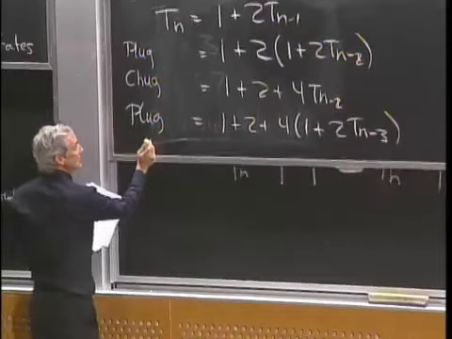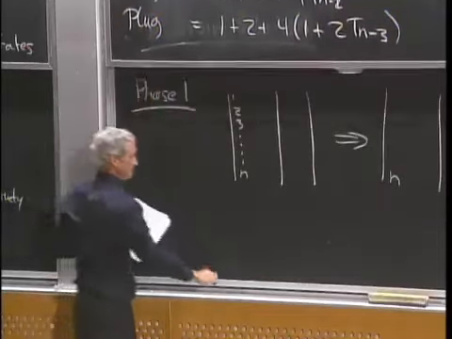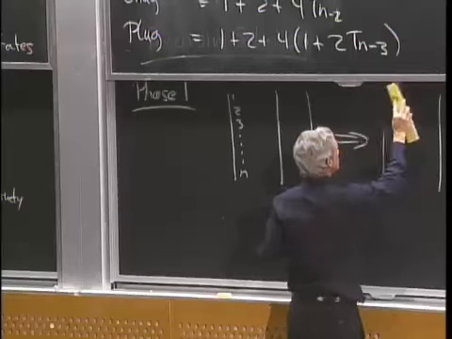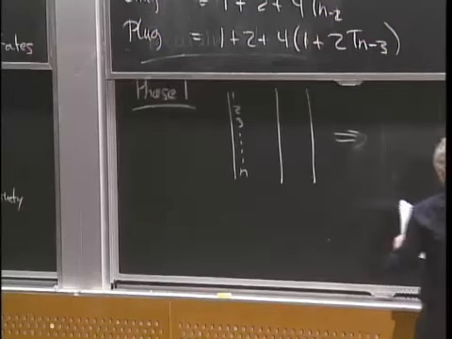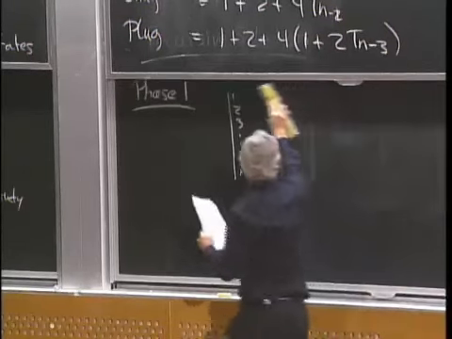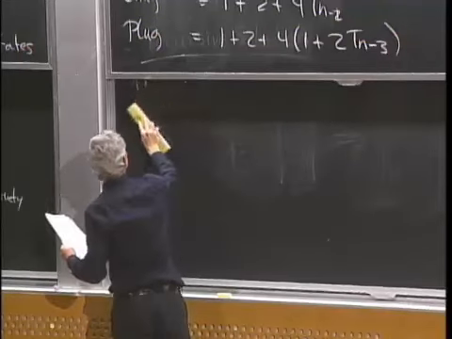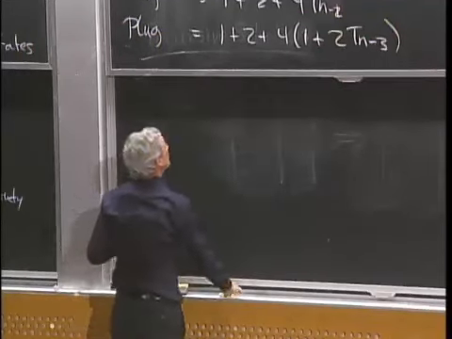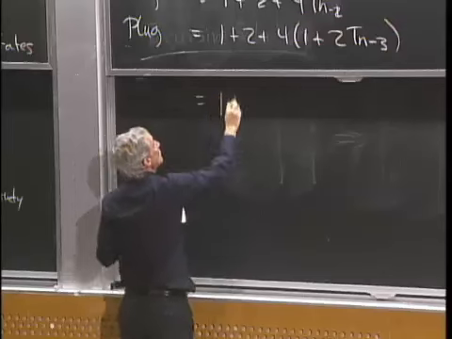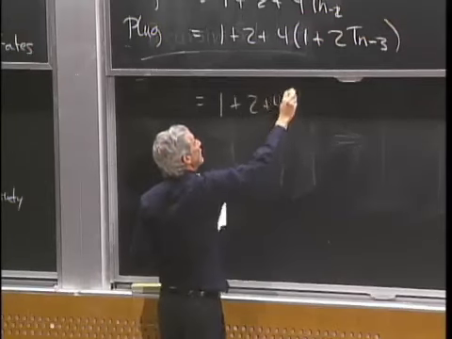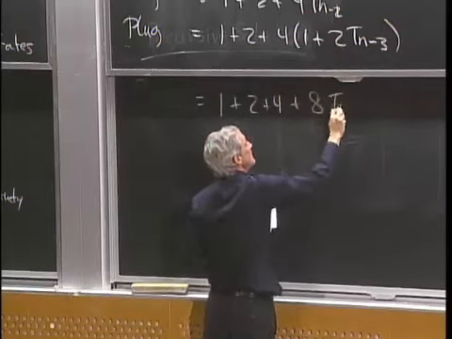Then we do the chug. 1 plus 2 plus 4 plus 8 Tn minus 3.